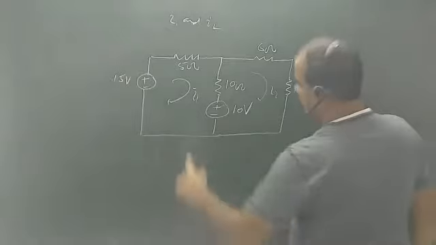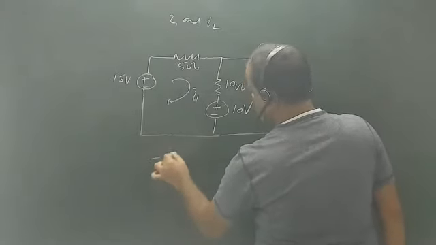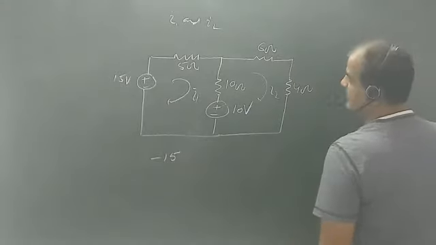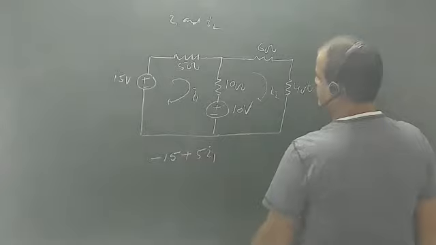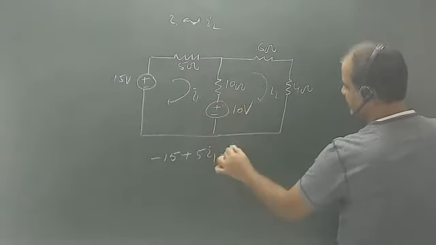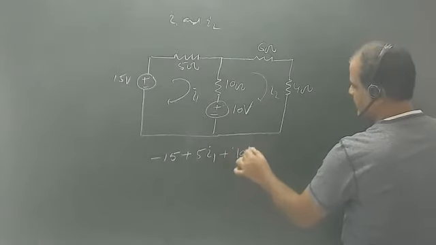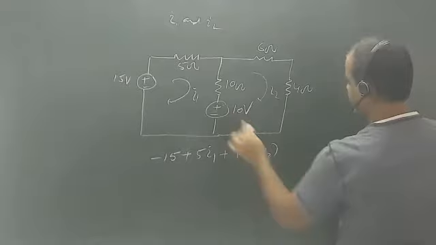So I can apply KVL here, minus 15. Then 5 I1, and here it will be I1 minus I2, so 10 times I1 minus I2.